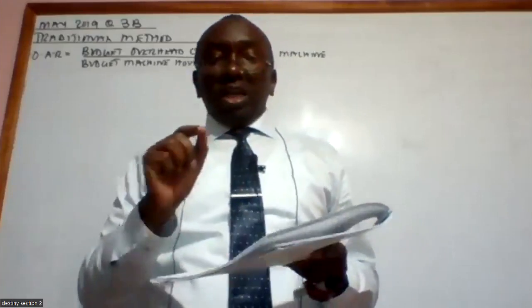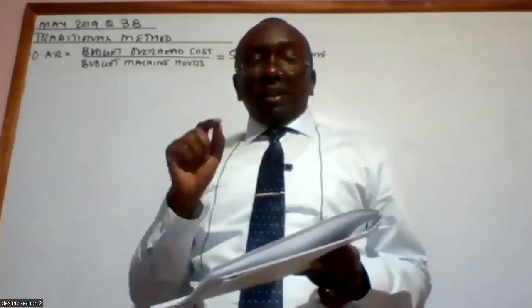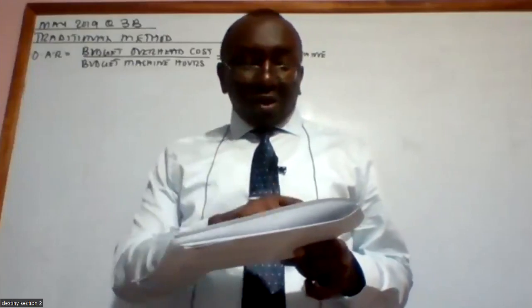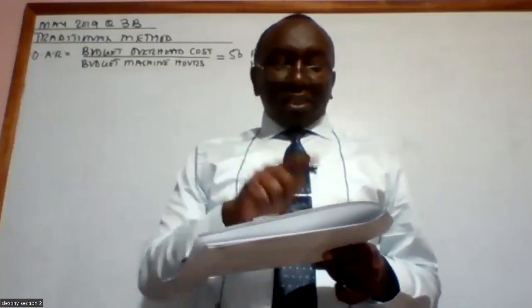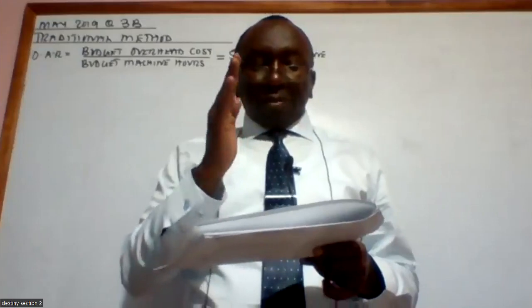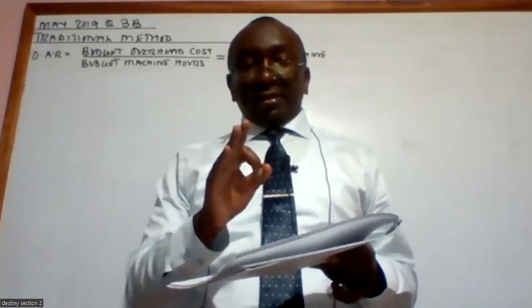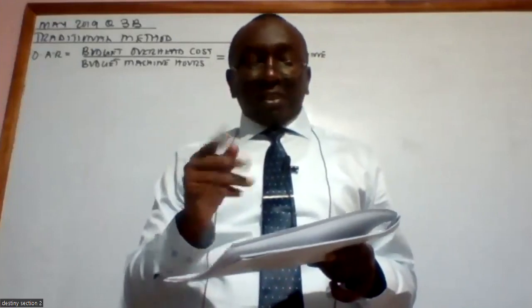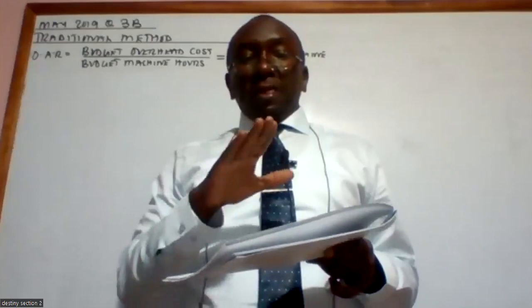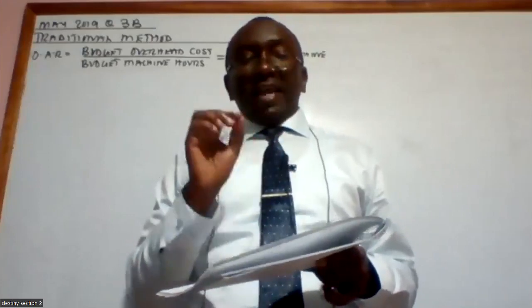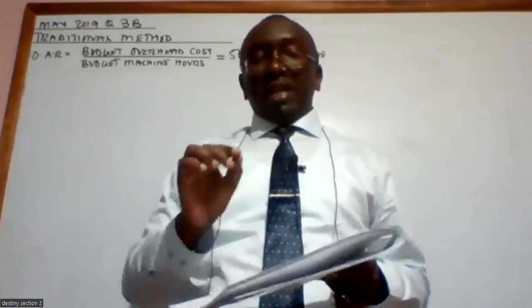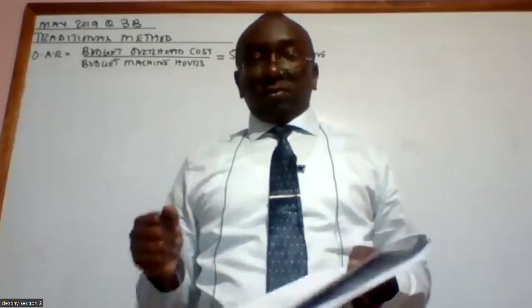Like now, this overhead cost stated here of 720,000, I cannot use it to compute the budget based on material, because the material I will get here is for units that were produced only between September and December. Actually, September, October, November, December, 4 months. So it is for 4 months, but the overheads are for the full year. So if you compare the two, or if you compute an answer based on that, you will be wrong.